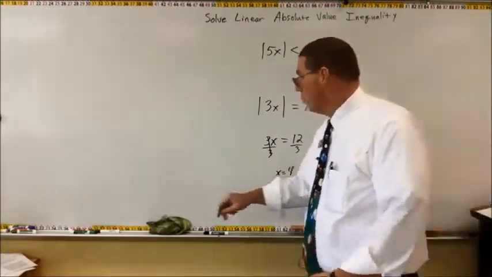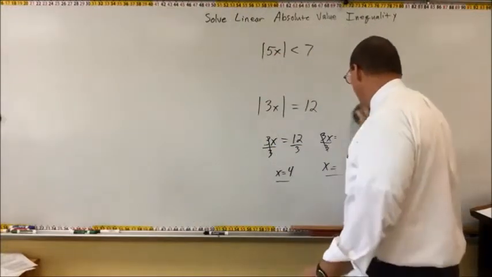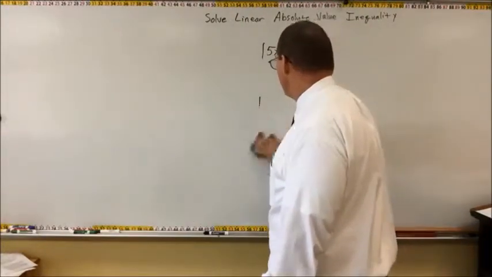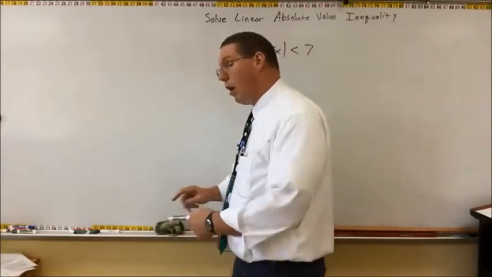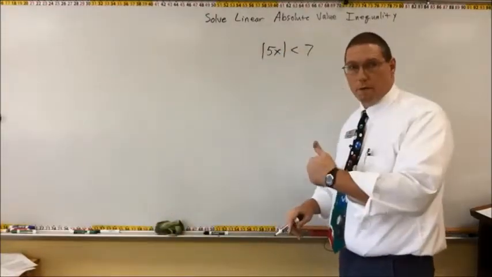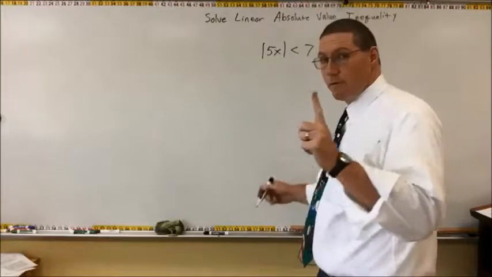Okay? So with absolute value inequalities, you usually come up with two answers also because, again, you have two separate inequalities going on here. But here's the trick. Here's the rule.